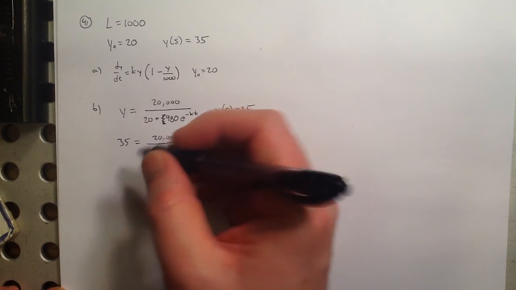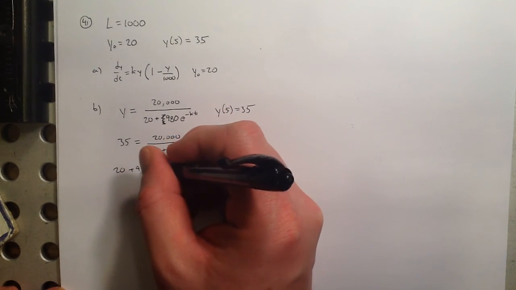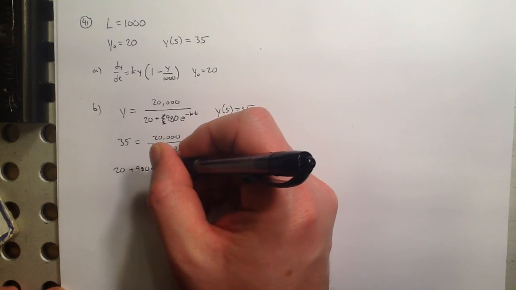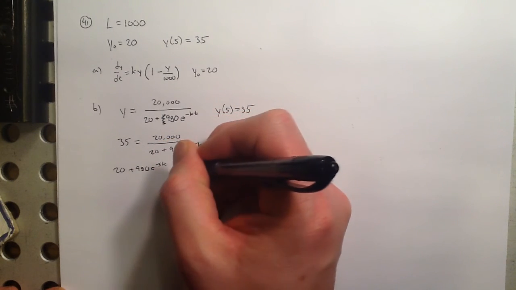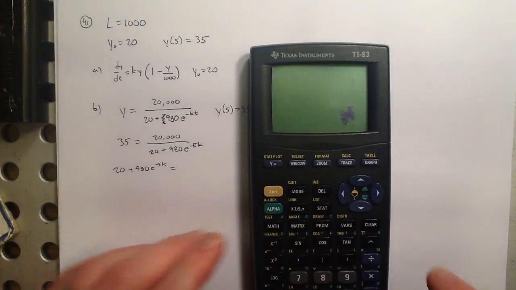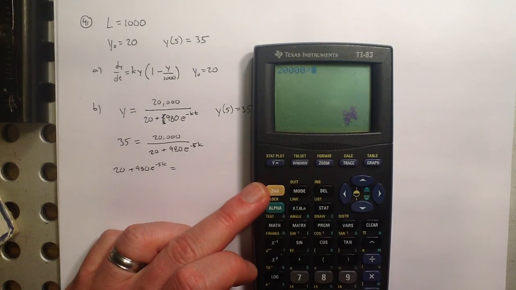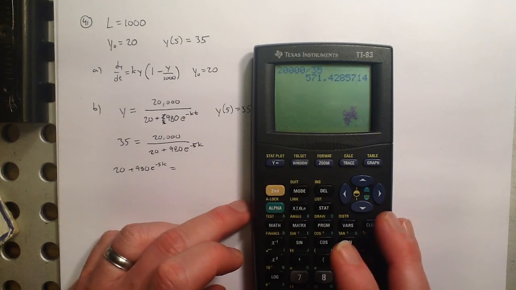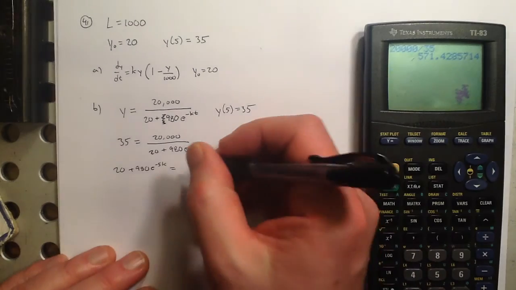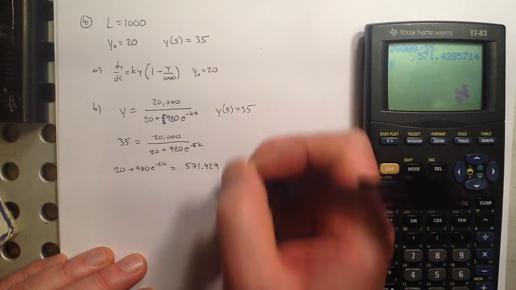I'm going to swap sides here, so that'd be 20 plus 980 e to the negative 5k is equal to 20,000 divided by 35. I'm going to go ahead and do that. That's 571.429.